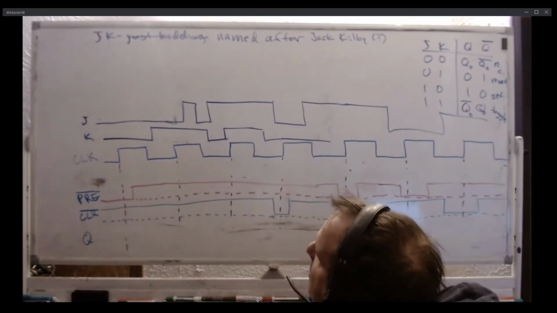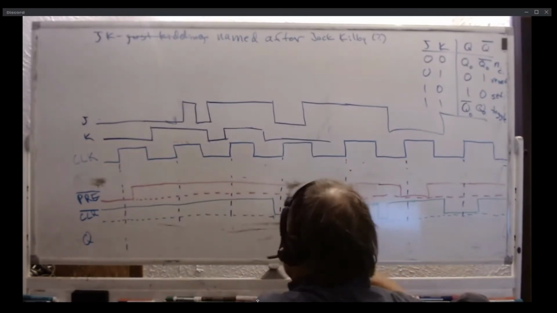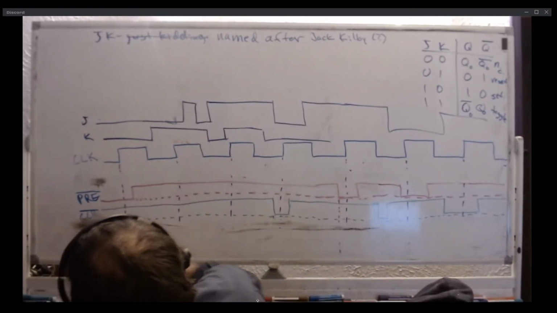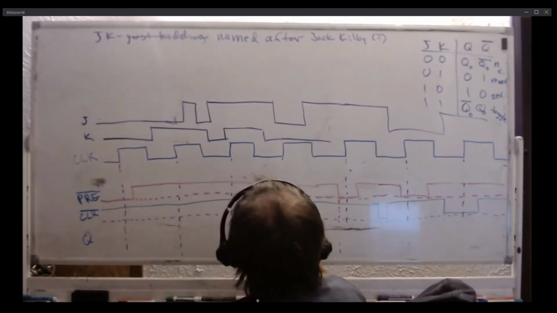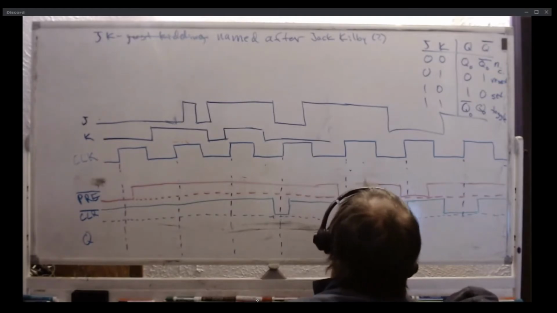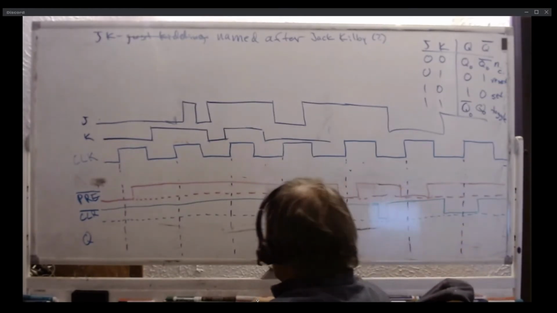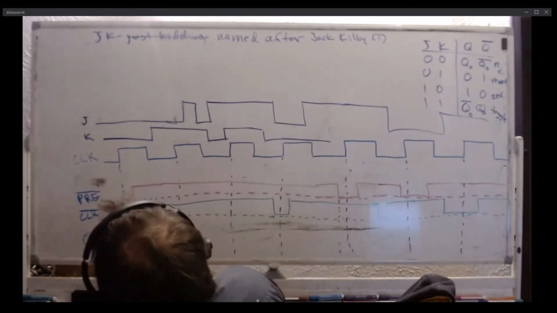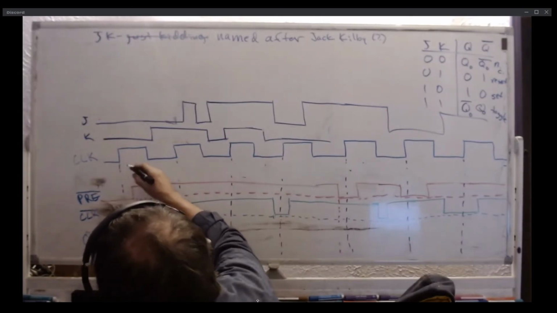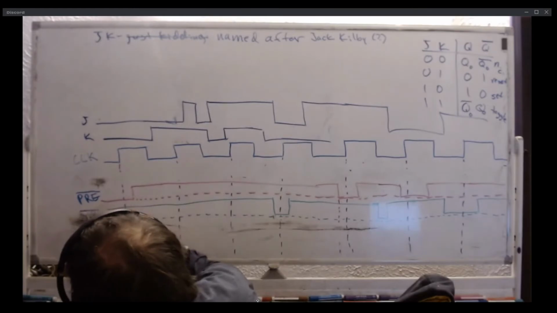Do we know what Q starts out as? Well, it's the same story as before. Preset is active, clear is not. Good job. So preset is low, which means it's active, so Q starts off in the 1 state, right?